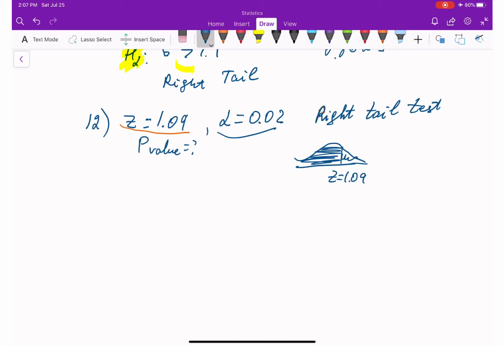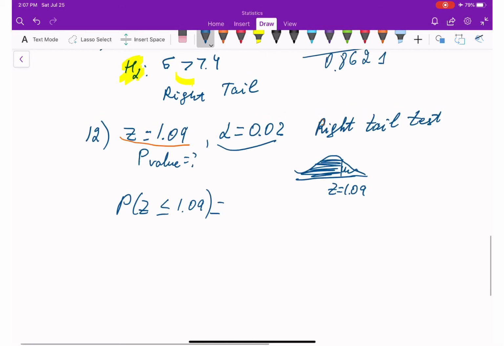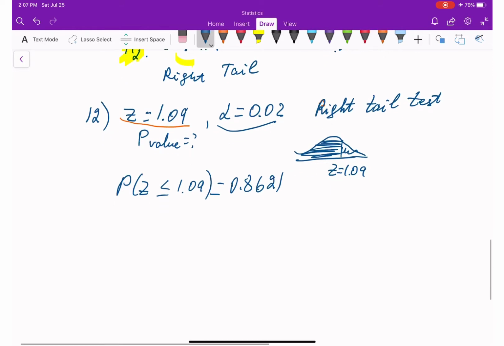So the probability for z-score less than or equal to 1.09 is equal to 0.8621. Okay, 0.8621. Now that's to the left, but the thing is we have a tail to the right.